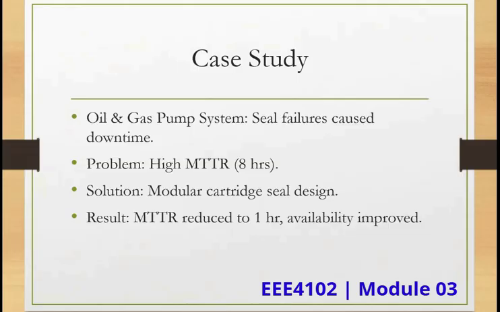The design improvement dramatically enhanced the pump's maintainability. The MTTR was reduced to just 1 hour and the overall system availability improved significantly. So this is a perfect example of how designing for maintainability directly impacts operational efficiency.